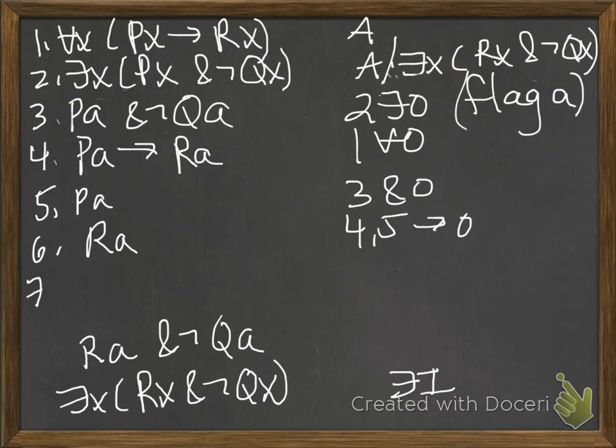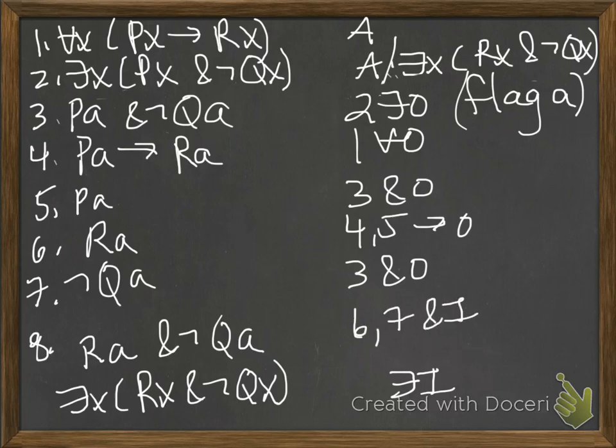So we just need to get not Qa, and that's easily done by 3 and out. Then we put those together by 6, 7, and in. And then we're ready to do our existential in step. So that will be by line 8, so that's line 9. And our proof is complete.